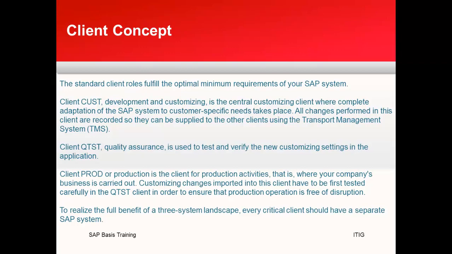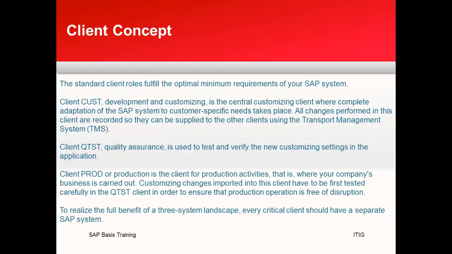Client QTST, the quality assurance client, is used to test and verify the new customizing settings in the application. Client PROD, or production, is the client for production activities, that is where your company's business is carried out.